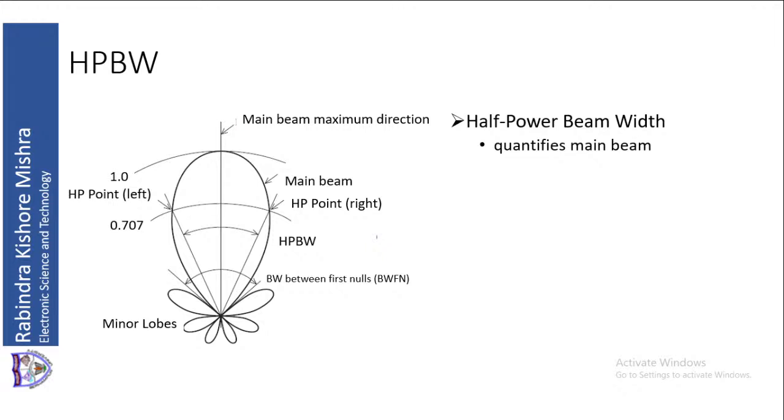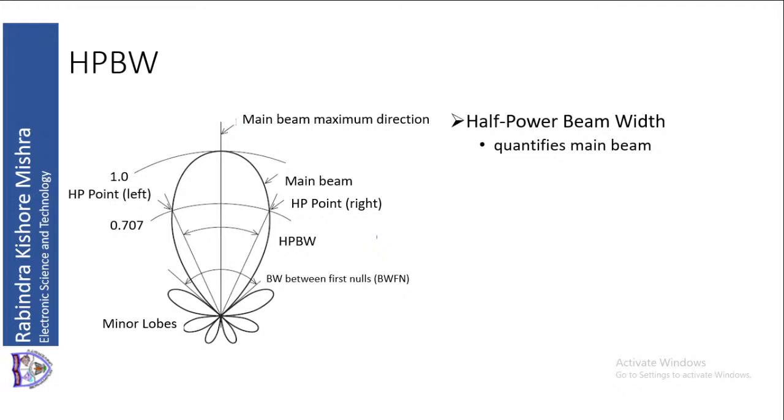On the right hand side also we will get an angle for which power is half. These two points are called half power points, and the angular separation between these two points is called the half power beam width, or HPBW.